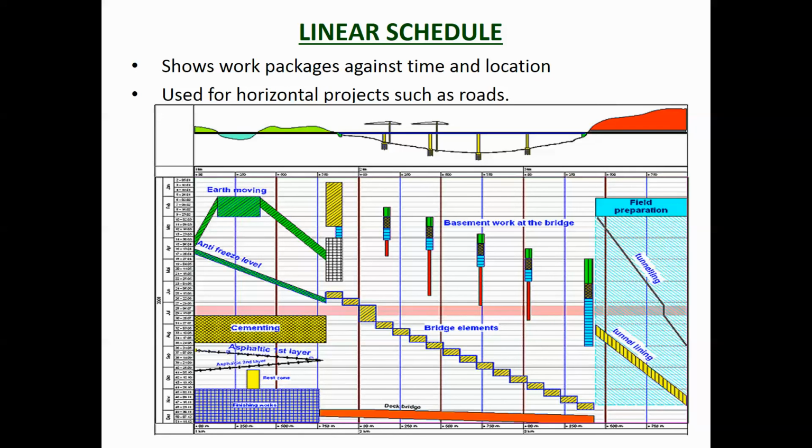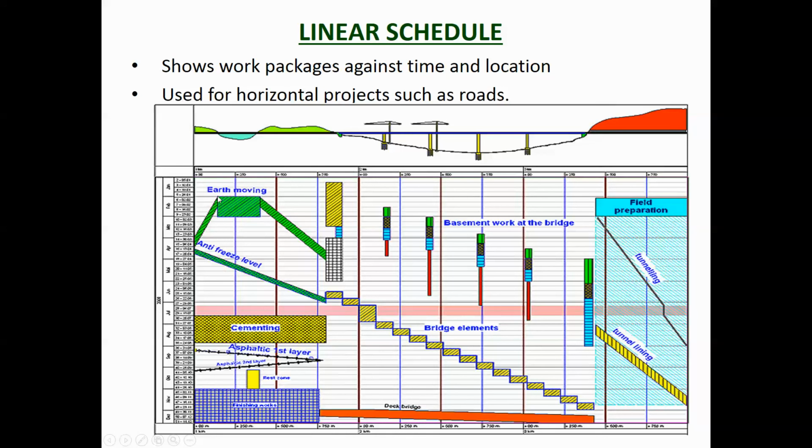And you can see that this is a little bit different from a Gantt chart. The work packages are written on these things here with different colors. So there'd probably be a legend there, showing what each one of those colors means. There's a long section of the road, and there's the time down the side there.